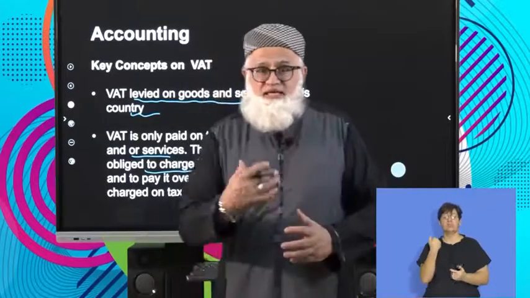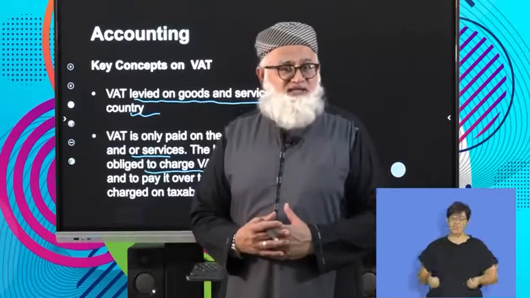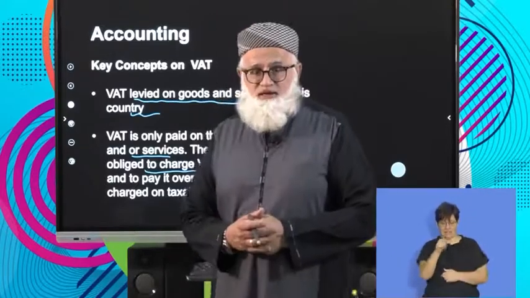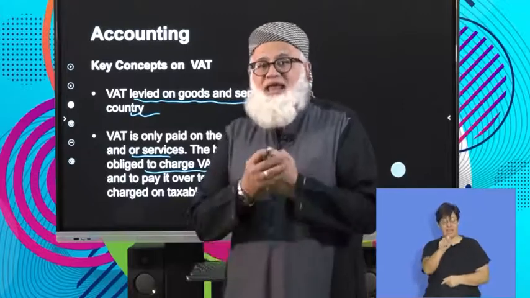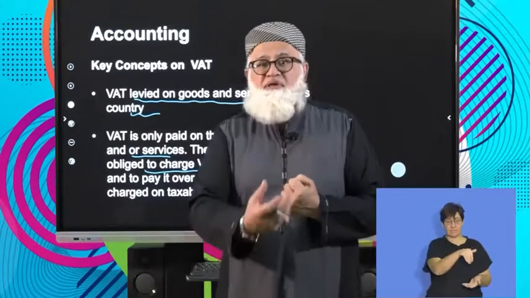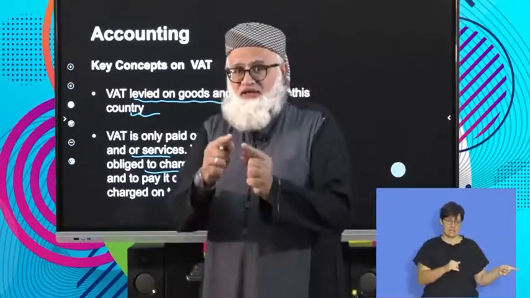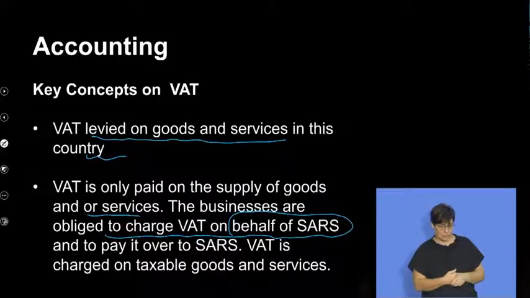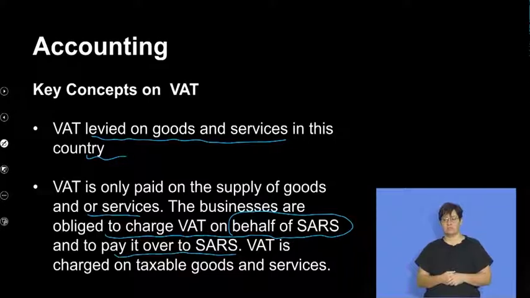When you're selling the good or providing the service, you're going to charge VAT on that sale. That VAT that you are collecting on behalf of SARS will have to be paid over to SARS. Keep that in mind.